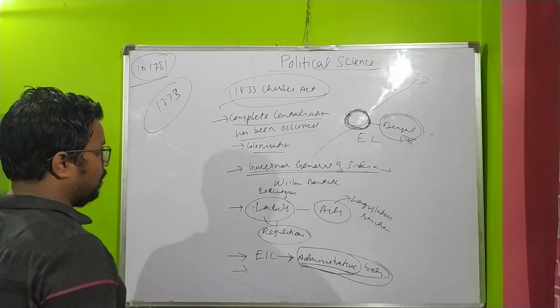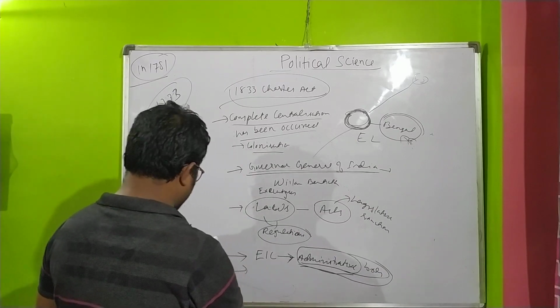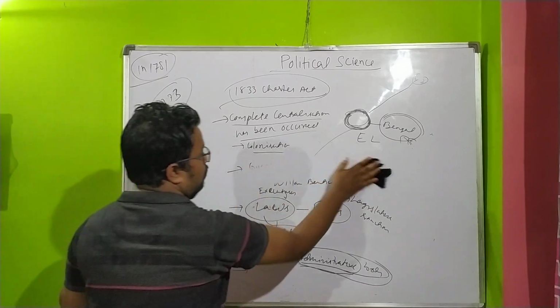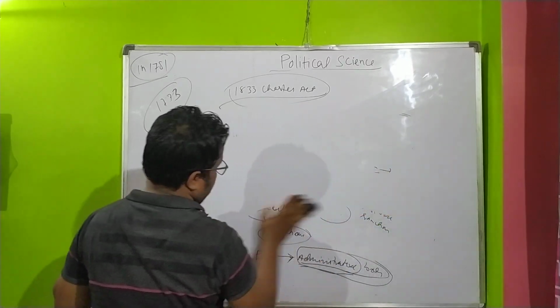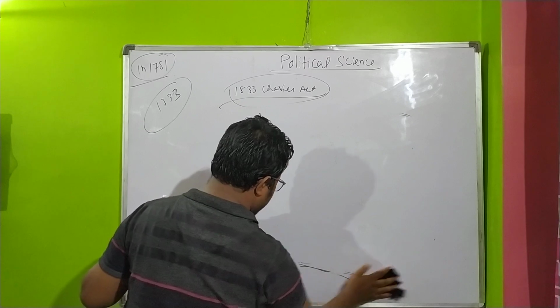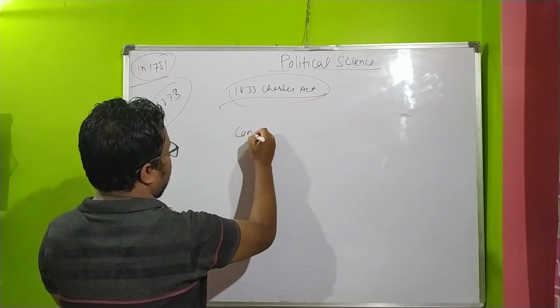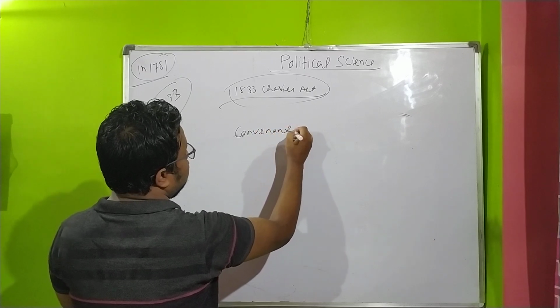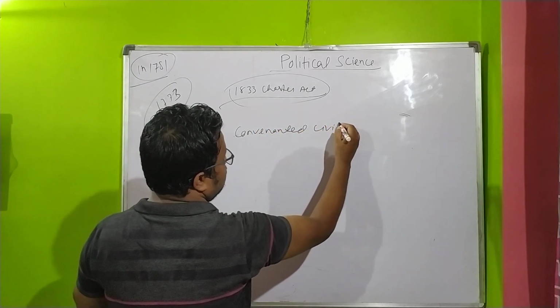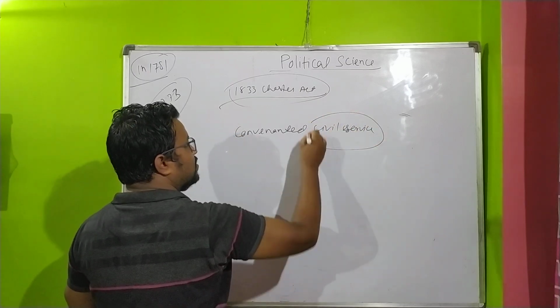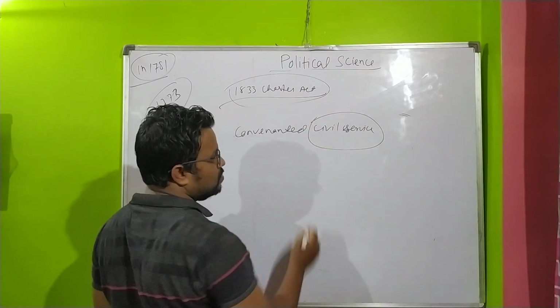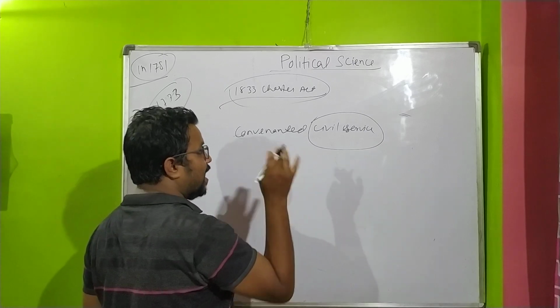And one more thing had happened, and it is the Covenanted civil service. Actually, at that time civil service was of two types: the lower civil service and the higher civil service.